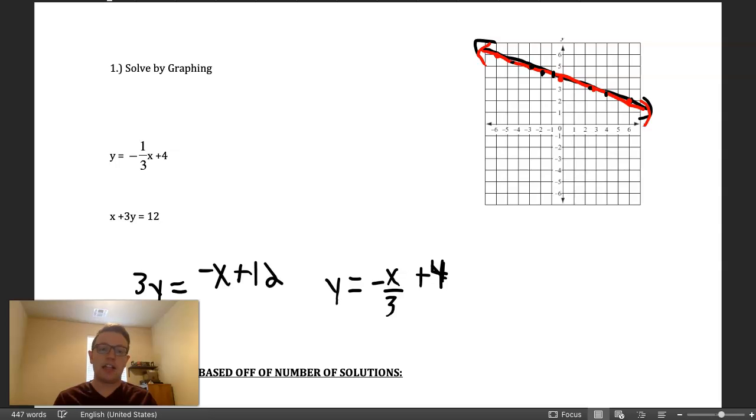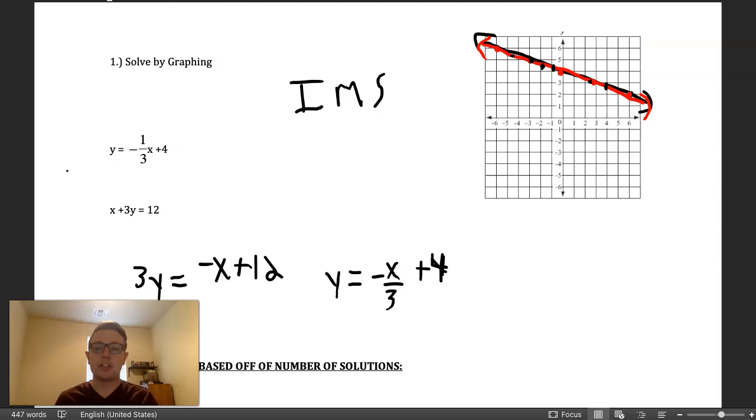They intersect everywhere. So they intersect an infinite number of times, meaning that this is going to have infinitely many solutions. So we can have more than one answer. We can have infinite answers, or we could also have 0 answers.